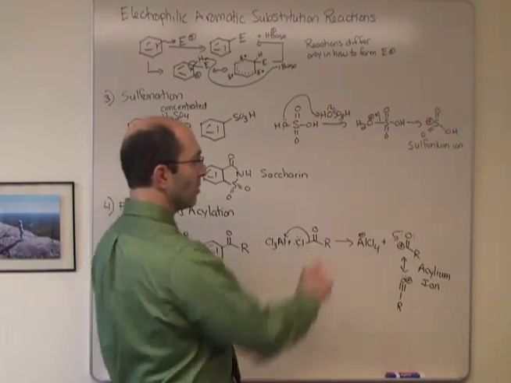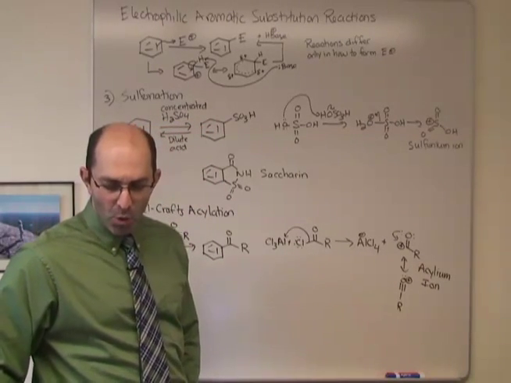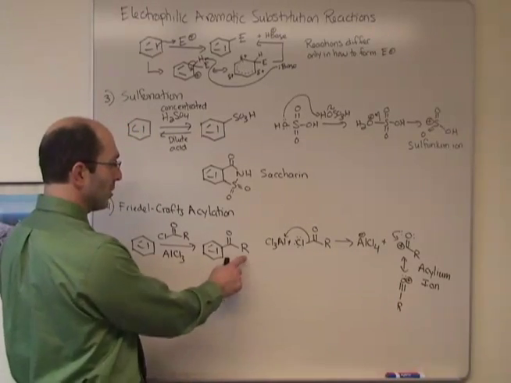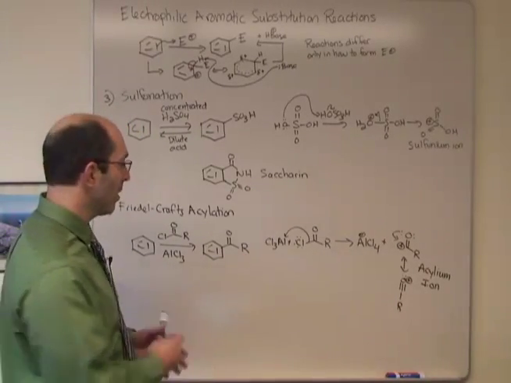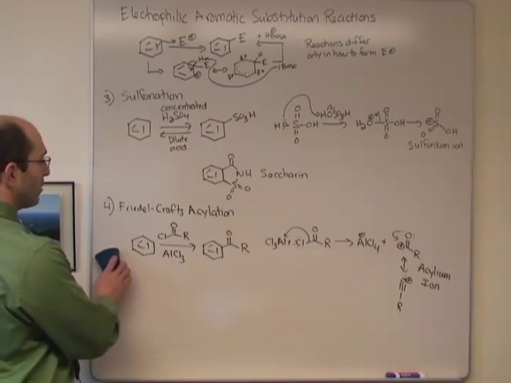So all we have to do is to make that compound. And again, we'll use this quite often, especially since there are no limitations on R. Okay. So the final reaction that we need to talk about is the Friedel-Crafts alkylation.